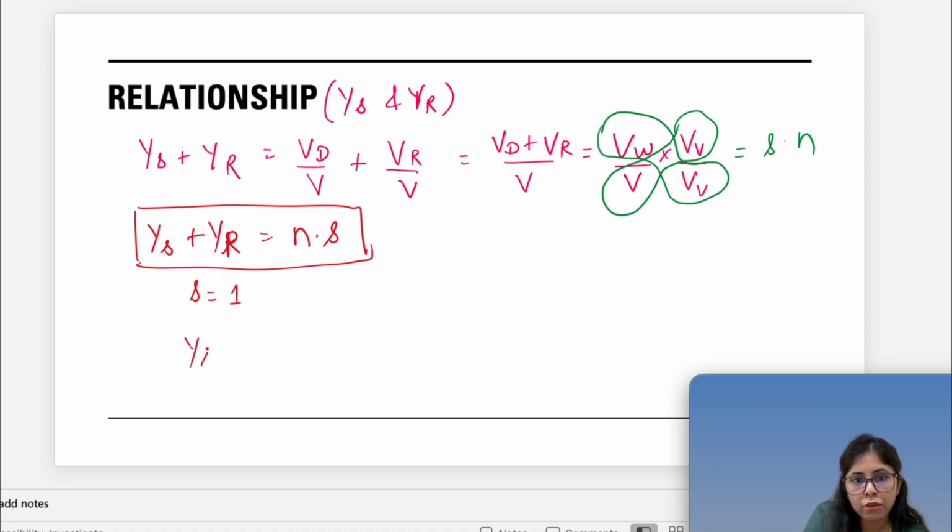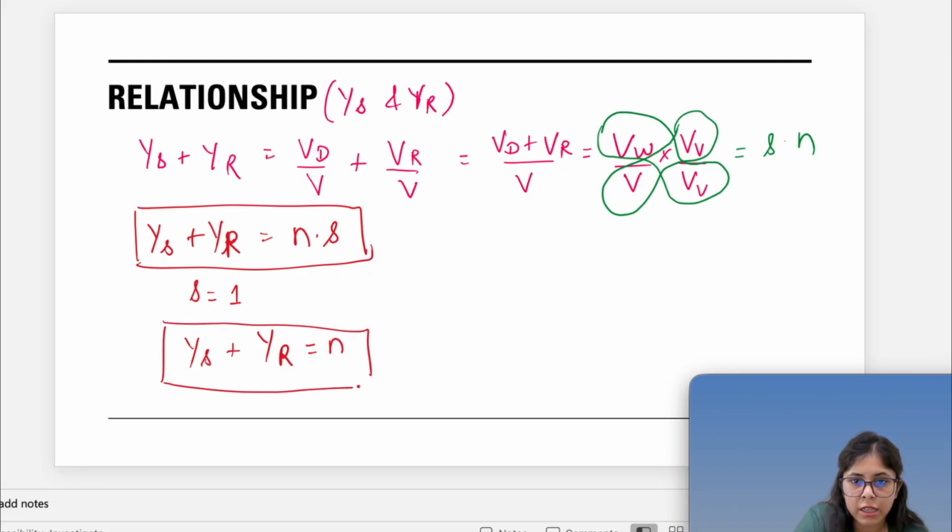Most of the cases underground are fully saturated only, and then you are taking water out from there. And if it is not, we have to multiply by S. So Ys plus Yr is nothing but simply n. So specific yield plus specific retention gives porosity. This is a very important relation.